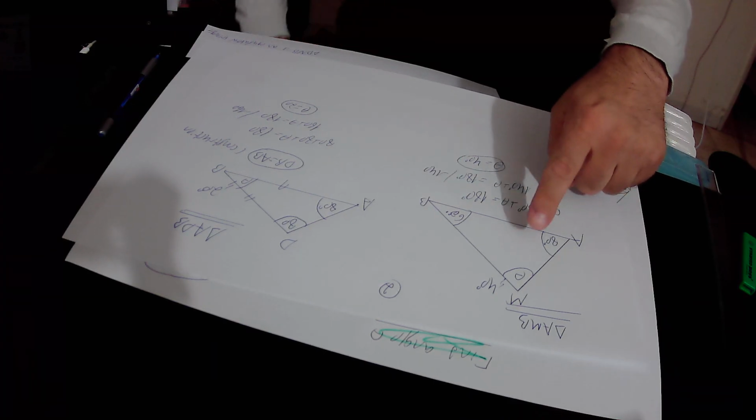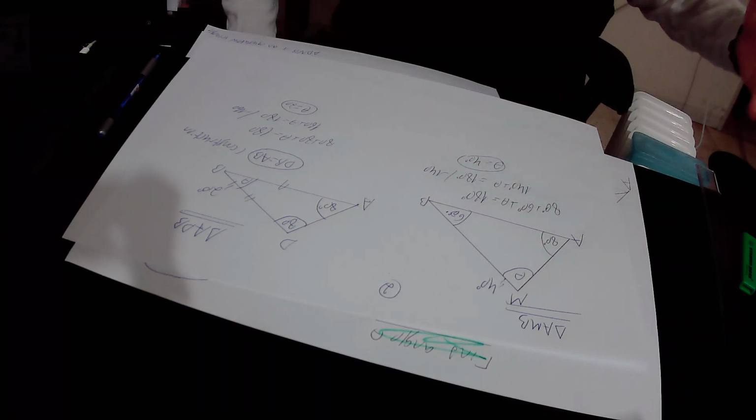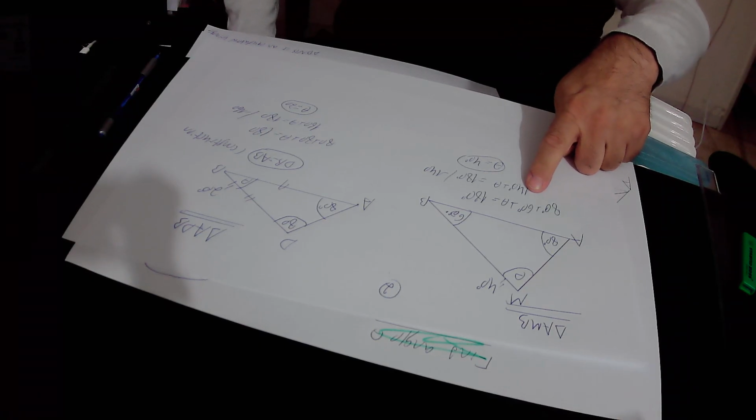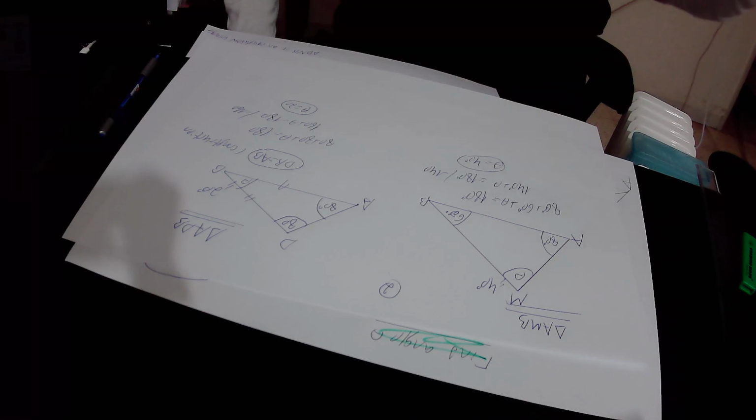So those are the two angles. Define this missing angle as theta. The sum of the angles in triangle MAB equals 180 degrees, that is to say 80 degrees plus 60 degrees plus the missing angle theta.